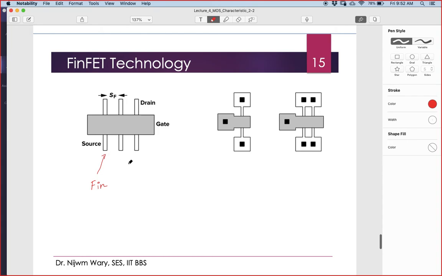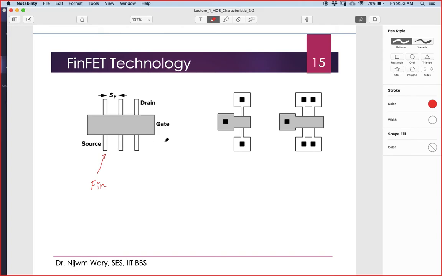So compared to the planar technology, the W of the transistor has become discretized. We cannot take any value of the width. But the resolution of the fin size is very small, 100 nanometer, so that kind of resolution is fine, even for analog design or digital design. Although it's discrete, it's still fine.